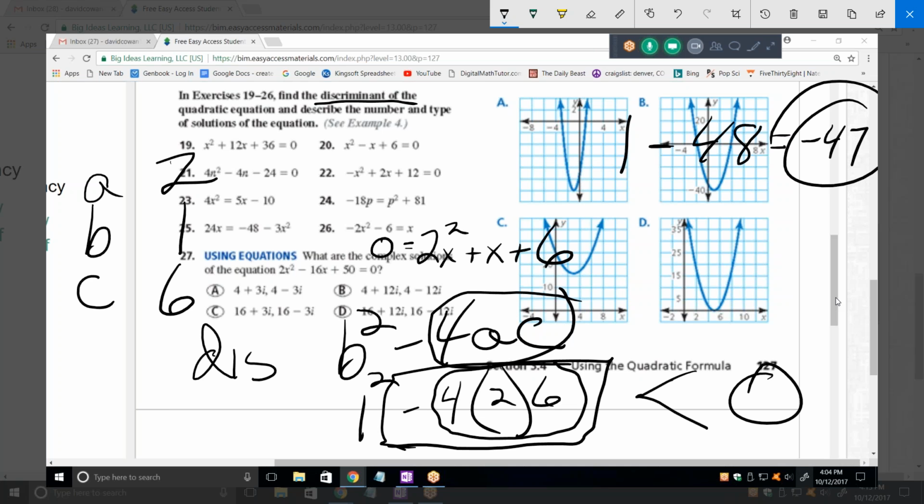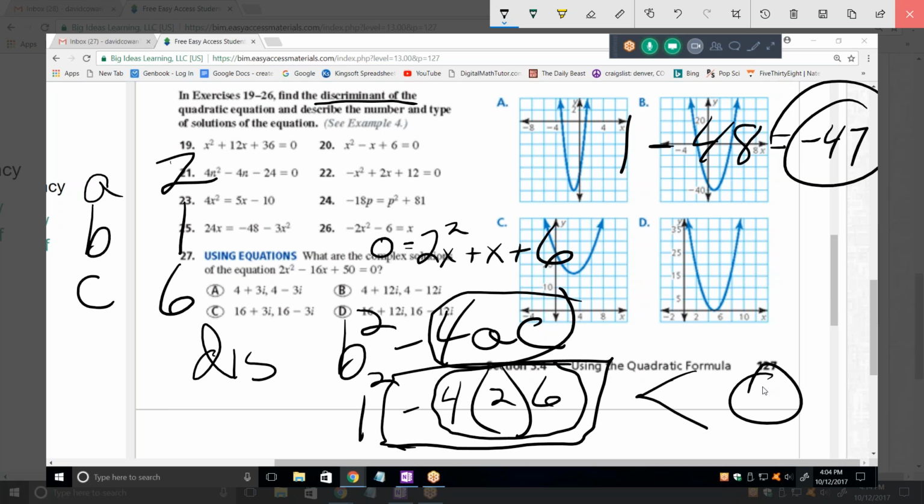We just need to know if it's positive, negative, or 0. But their instructions actually say to find the discriminant. So we found it. It was minus 47. It tells us what again? It's 2 imaginary numbers.